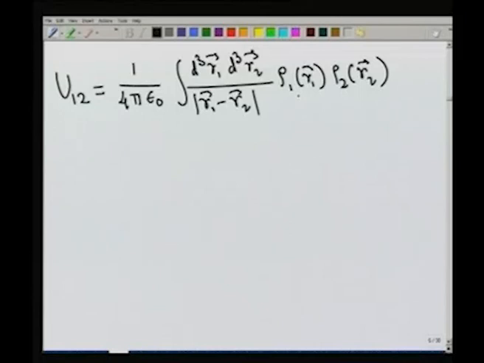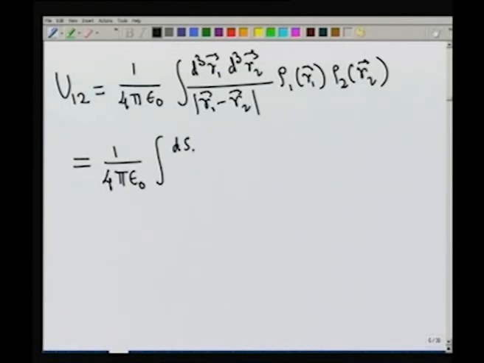Now, the first exercise that you have to do is to learn to write my surface charge density in terms of the volume charge density. So, you should convince yourself that this expression is nothing but 1 over 4 pi epsilon naught into, I am not interested in the volume charge density, but the surface charge density.